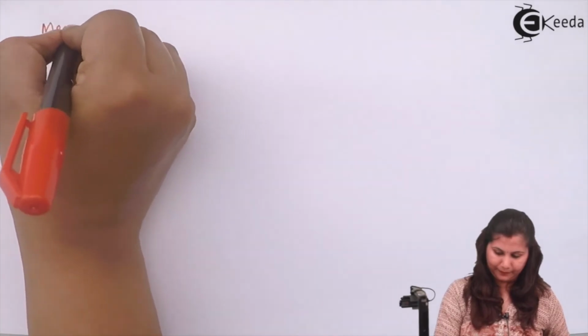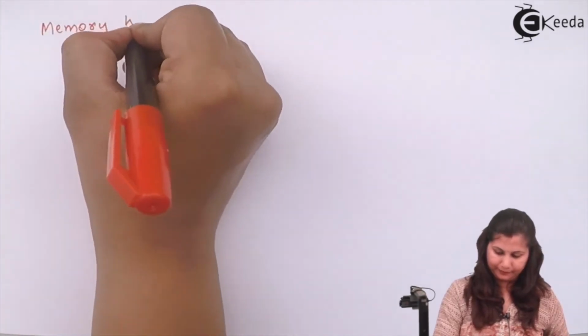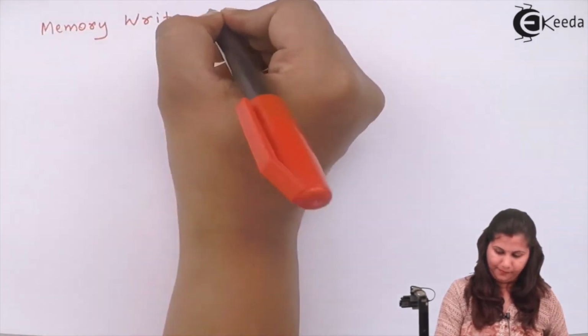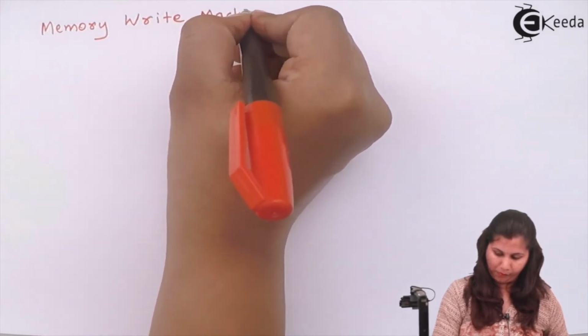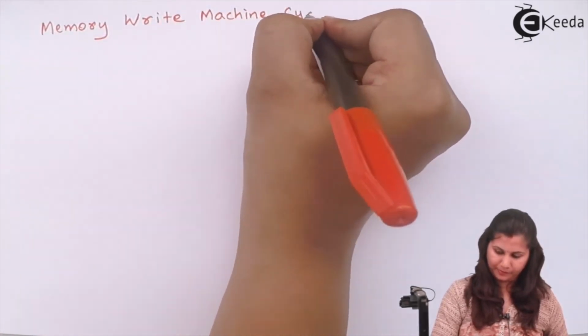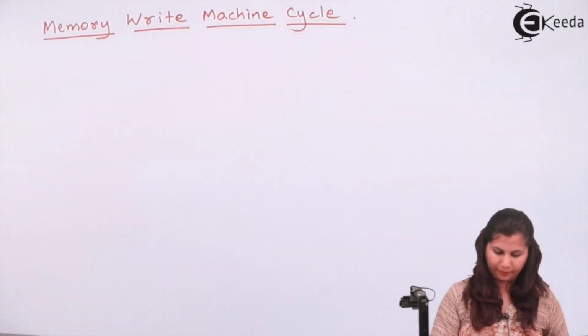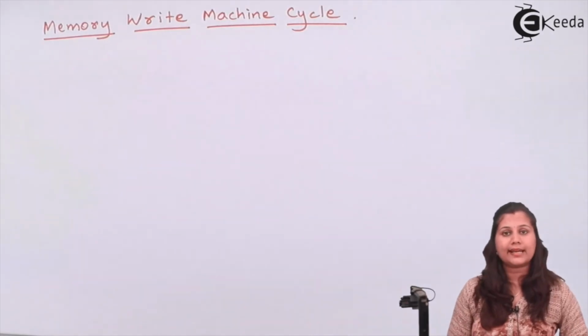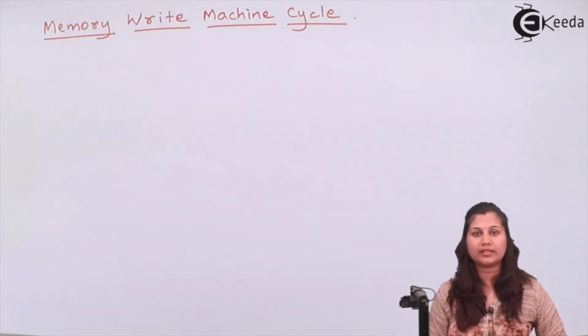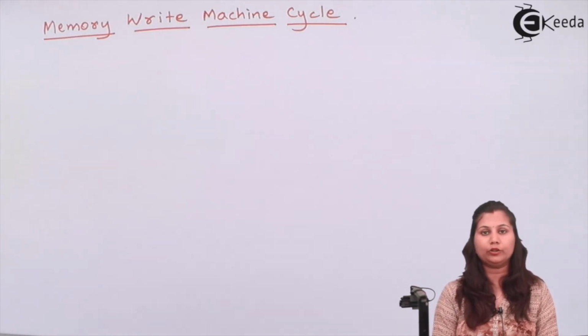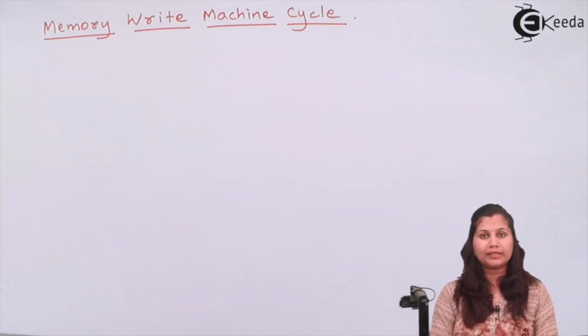Now the next machine cycle in the 8085 microprocessor is the memory write machine cycle. This cycle is executed when the processor wants to write a data byte into its memory.